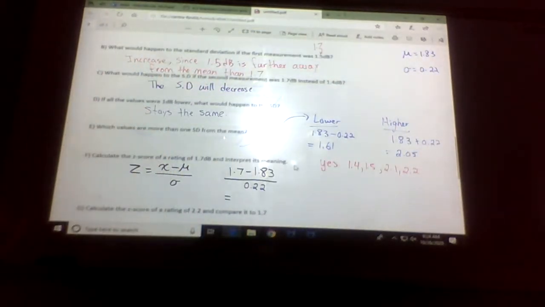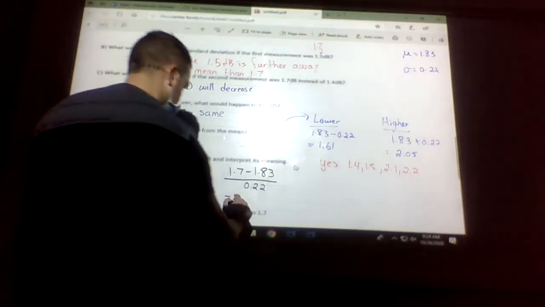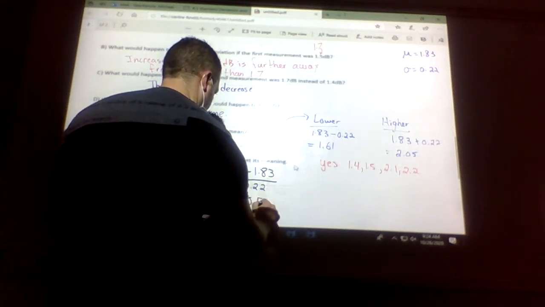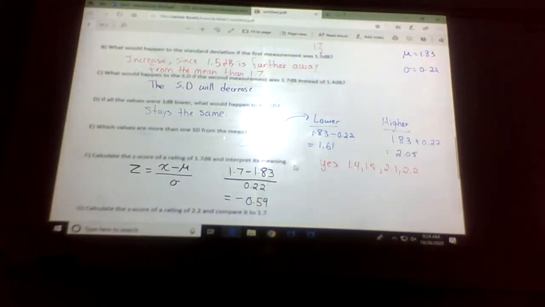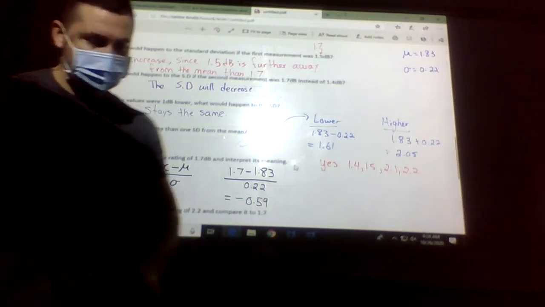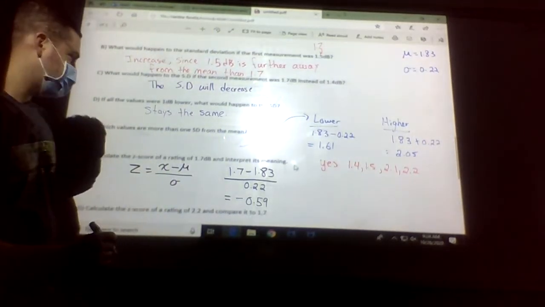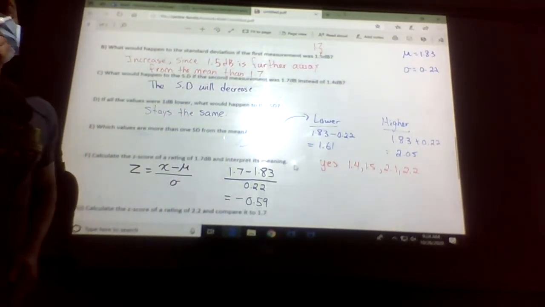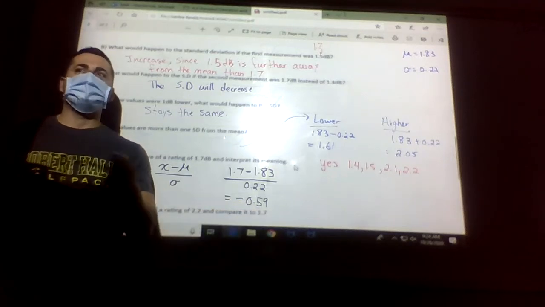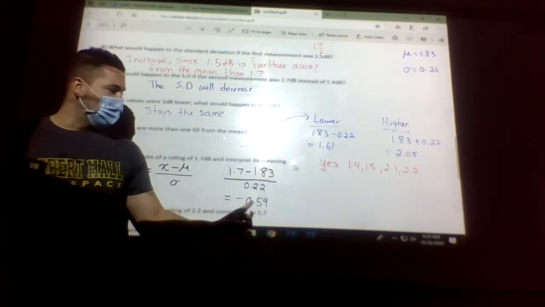Okay, so now we just calculate this. So 1.7 minus 1.83 divided by 0.22 gives negative 0.59. This means 1.7 is 0.59 standard deviations below the mean, since it's a negative.